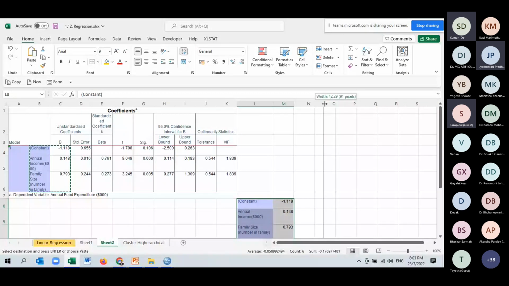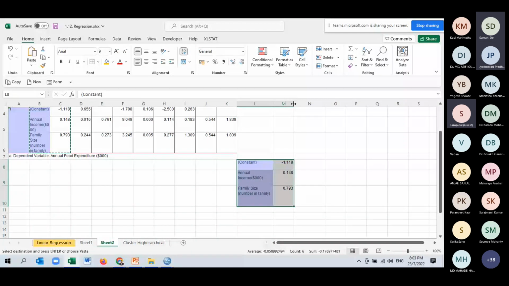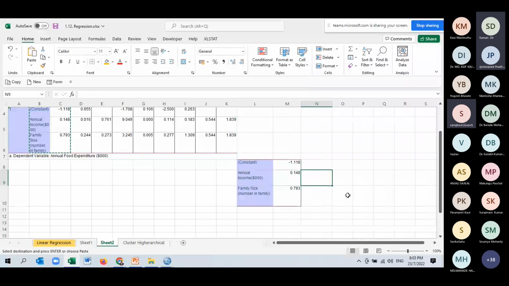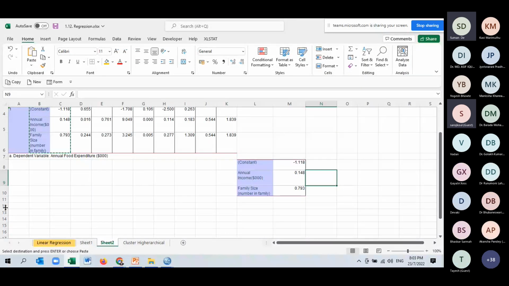Similarly, imagine one of your friends, or your own income or family size; you can keep it. Based on that, we can anticipate from this equation approximately how much your expenditure will be. Yes or no? Shall we predict?